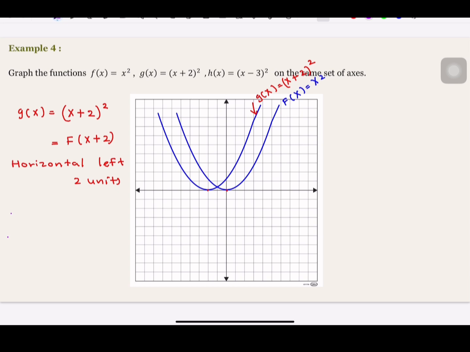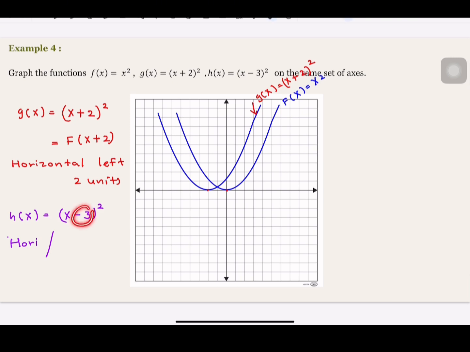Next, we'll move into h of x. So h of x is (x negative 3) to the power 2. Again, this is a horizontal shift, because 3 is being subtracted from x itself. It's not outside of the function. So this is a horizontal shift, and you have to decide whether it's left or right.